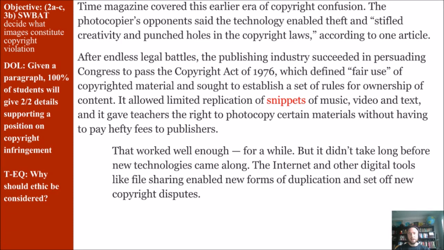The Copyright Act of 1976 defined fair use of copyrighted materials and sought to establish a set of rules for ownership of content. It allowed limited replication of snippets of music, video, and text, and it gave teachers the right to photocopy certain materials without having to pay hefty fees to publishers.